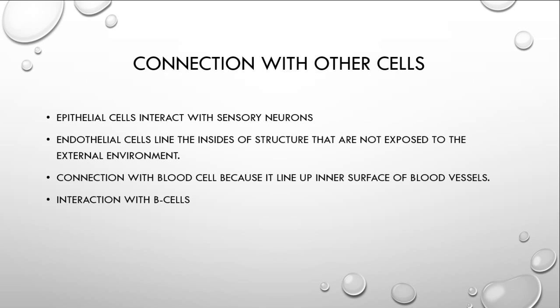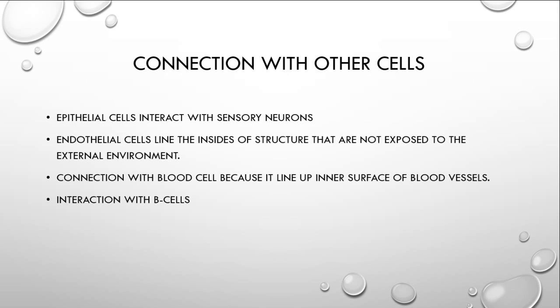But the inside of structures, like the lumen, is covered by epithelial cells. There is also a connection with blood cells, because they line the inner surface of blood vessels.